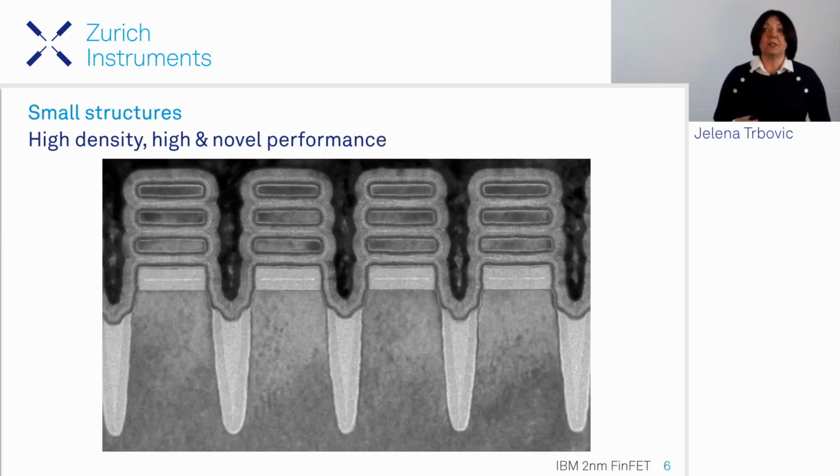There are many reasons that we want to study interfaces and understand their role in nano devices. Here I show a FinFET, IBM's 2 nanometer chip devices, that we see are perfected down to the sub-nanometer level. And in order to make this huge chip work, everything really needs to be nicely done, and the interfaces have to be perfect.